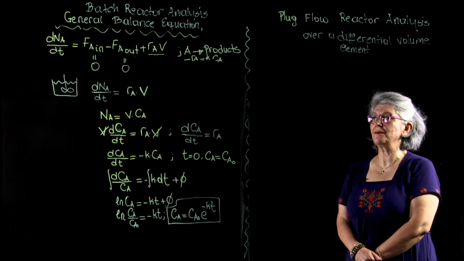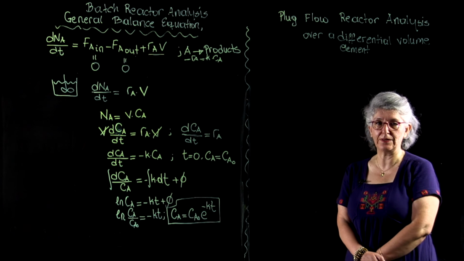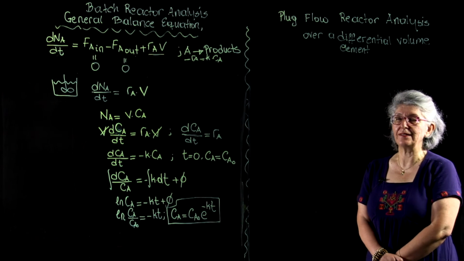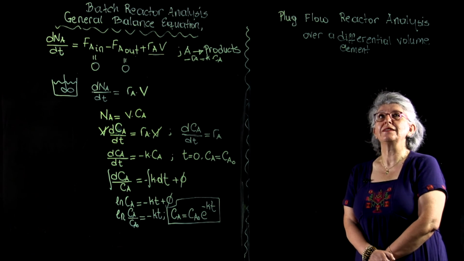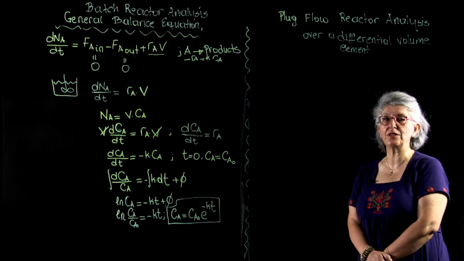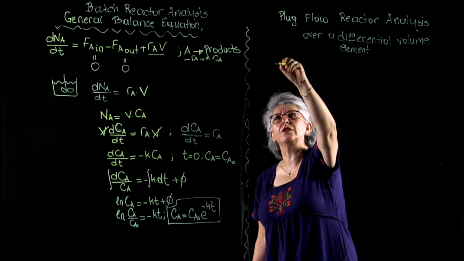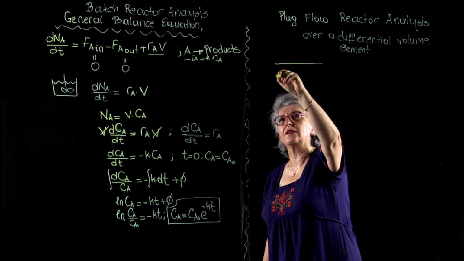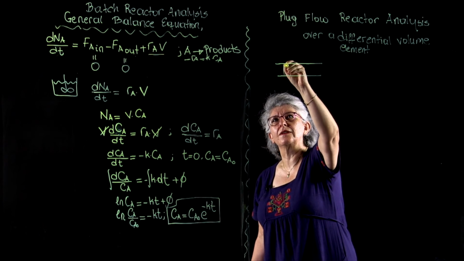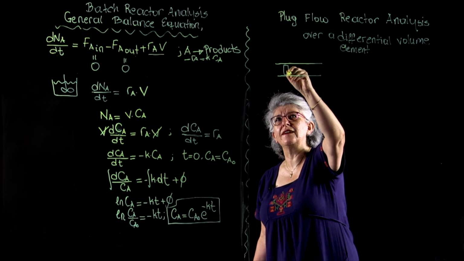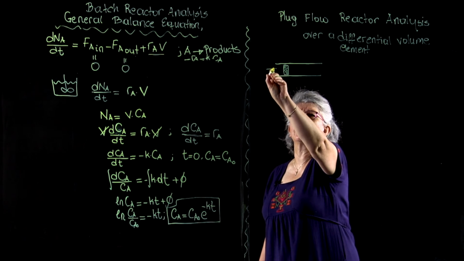In this recording, we will continue our conceptual development of the different types of reactors and their behavior. Here we will derive the design equation for a plug flow reactor, as we learned so far, a tubular reactor where the fluid element is moving like a plug.